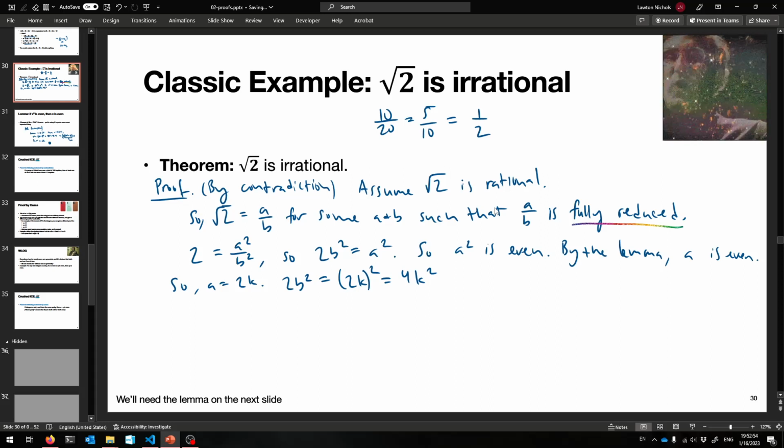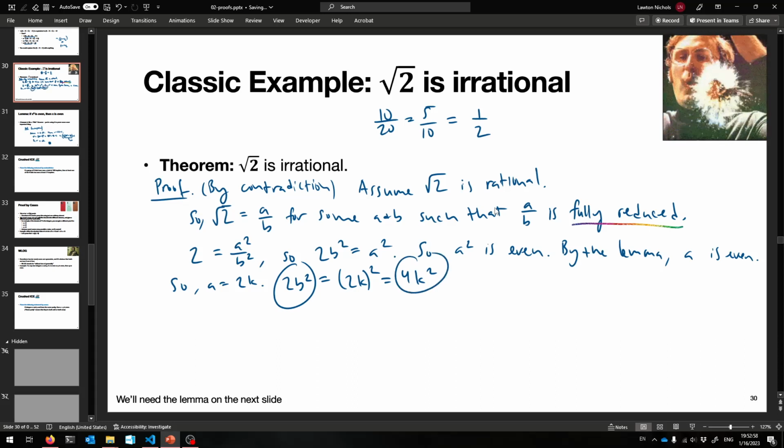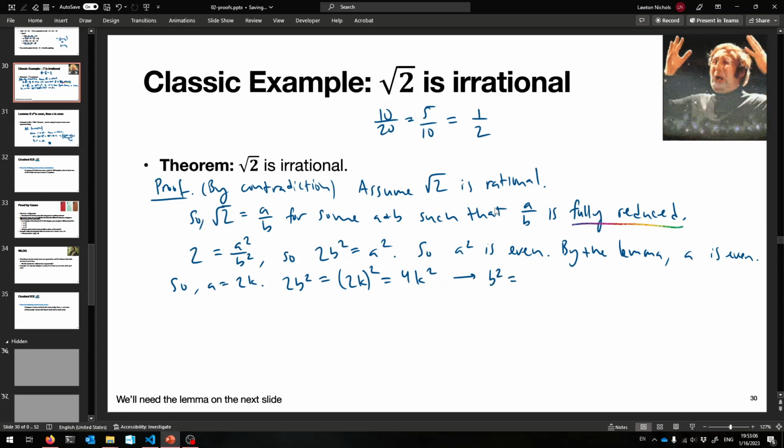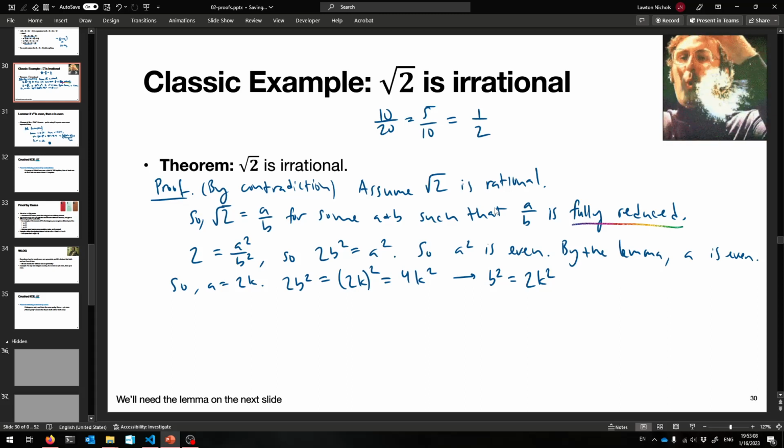And if you divide by 2, you end up with b squared equaling 2k squared. I'm just going to do some math here. Equals 2k squared. That's fine. Oh, what does that mean about b squared? I have the same idea going on here.